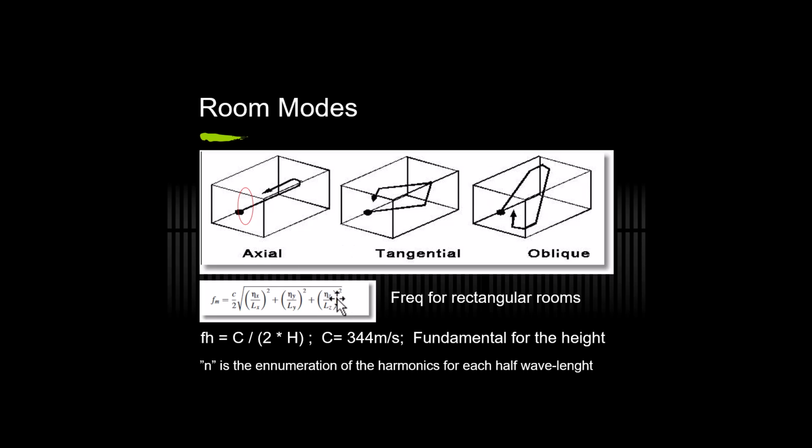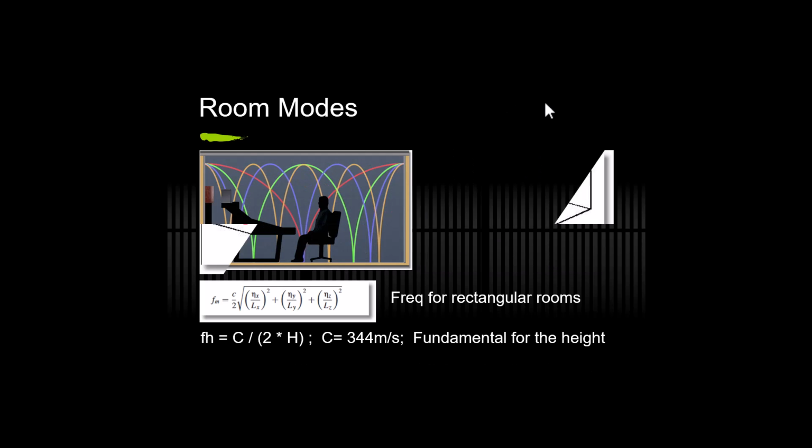But for a rectangular room, it is quite easy to calculate at which frequency this resonance will appear. It's a half wavelength, so the distance here and the harmonics will be like the measure of the room, the length, height, and width of the room.